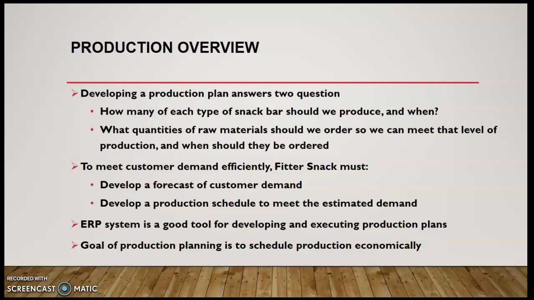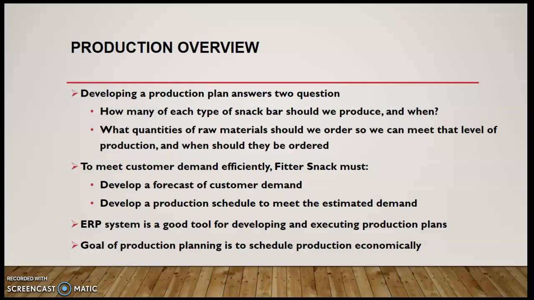Developing a good production plan is just the first step. Fitter must also be able to execute the plan and make adjustments when customer demand does not meet the forecast. An ERP system is a good tool for developing and executing production plans because it integrates the functions of production planning, purchasing, materials management and warehousing, quality management, sales, and accounting.